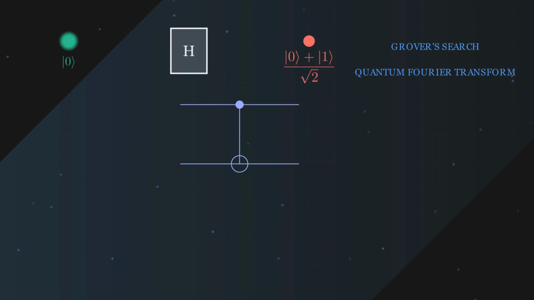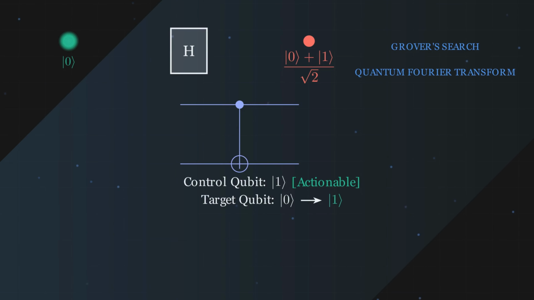Controlled NOT gates, or CNOT gates, cause entanglement of qubits, a phenomenon where qubits become deeply interconnected. This gate is pivotal in algorithms requiring such quantum collaboration, including Grover's optimization and Shor's algorithm for cracking cryptographic codes.